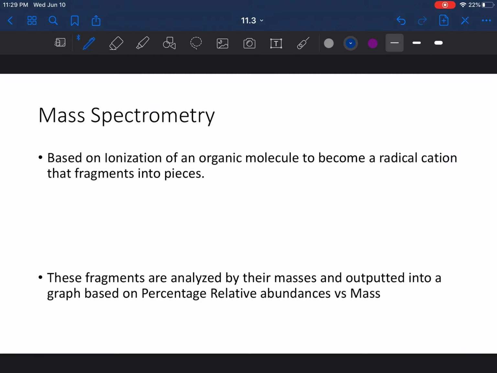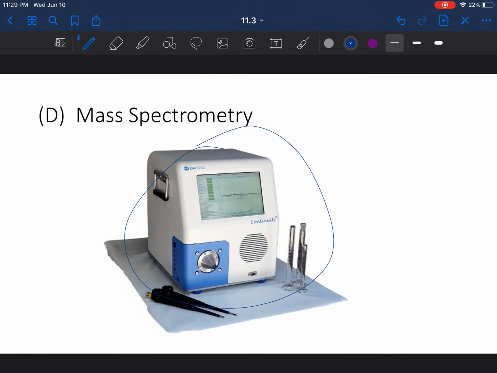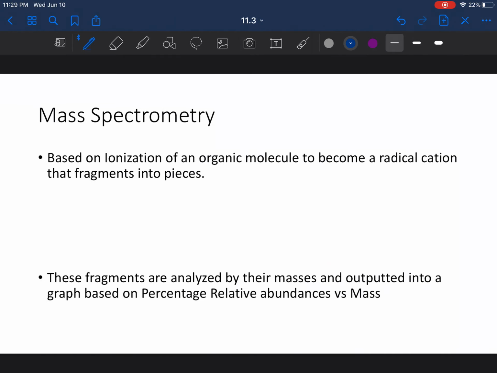Now that's pretty cool if you think about it. This little thing right here can take a compound and break it into pieces, if you were to think of it that way. That's pretty crazy if you ask me. So let's take a look at what that means.